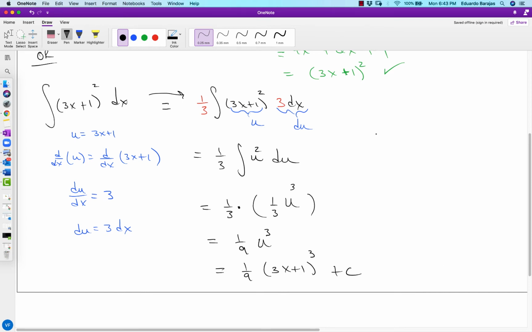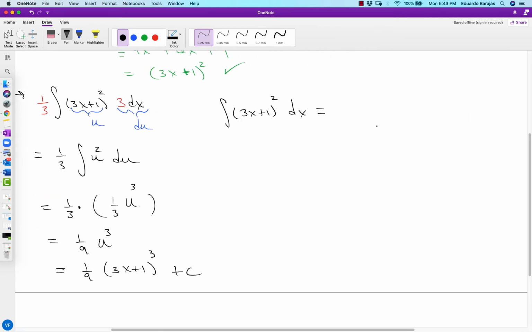Okay, so let me write that down over here and box it up. The integral of (3x plus 1) squared dx is now also equal to 1/9 (3x plus 1) to the power of 3 plus some constant.